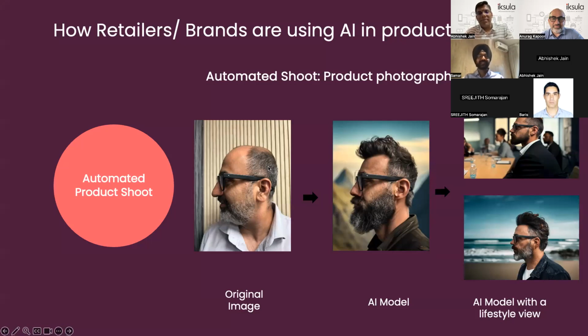So you can actually see that there's a product shot just in one frame, and I think it's Anurag who's been put in the picture there, and we've been able to put it on all different models in different contexts to create the aspiration and create a connection with the TG in an aspiration as well as a lifestyle context.